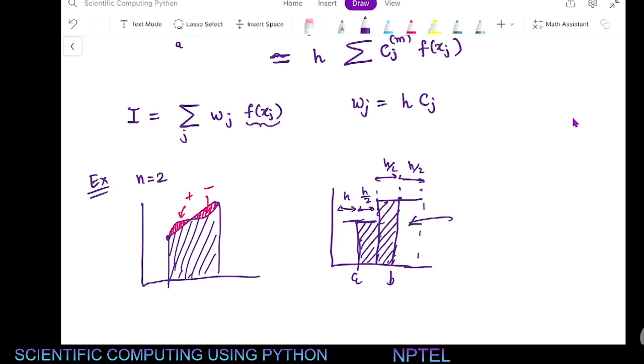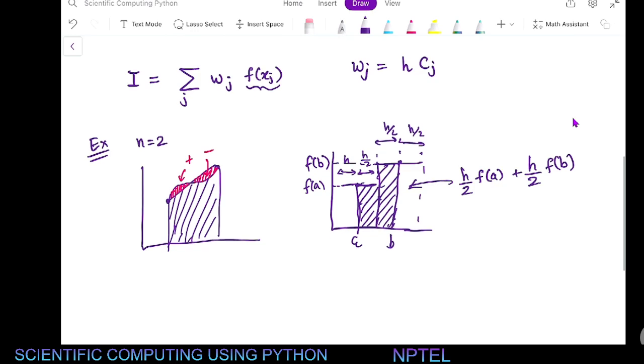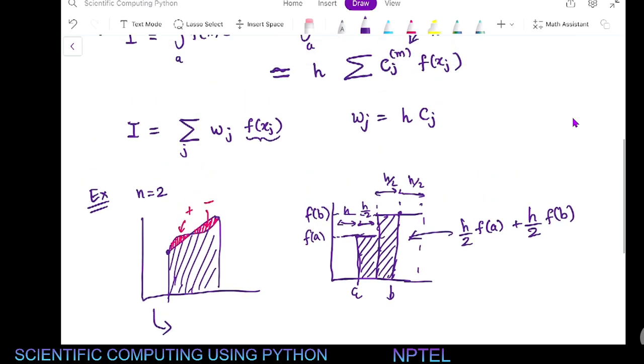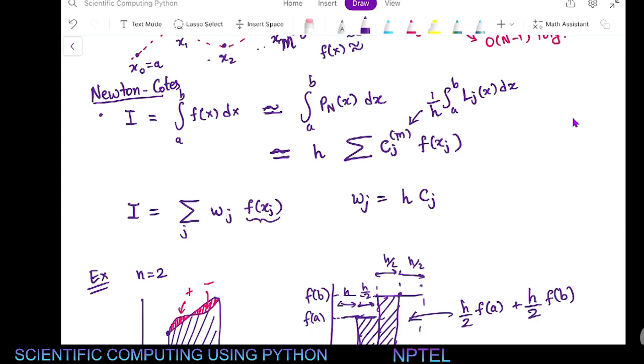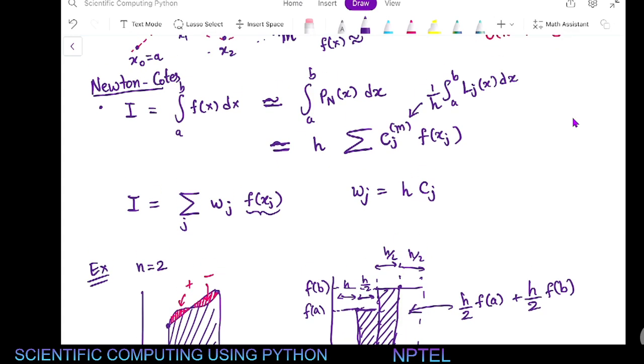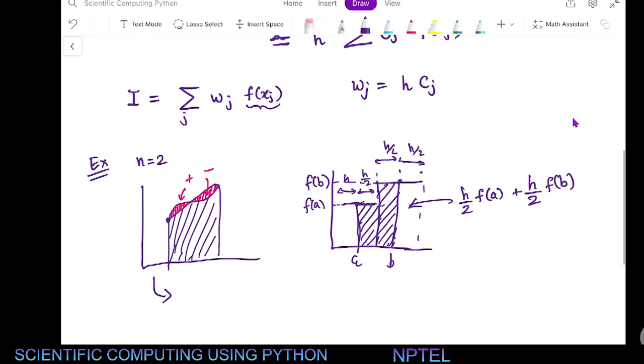This is f of a, this is f of b. So the first rectangle has area f of a times h over 2, plus the second has area h by 2 times f of b. And if you apply the formula in the case of m equal to 1, so just one interval, we get the same: h by 2 times f of a plus f of b.